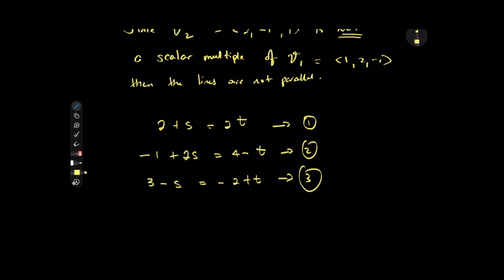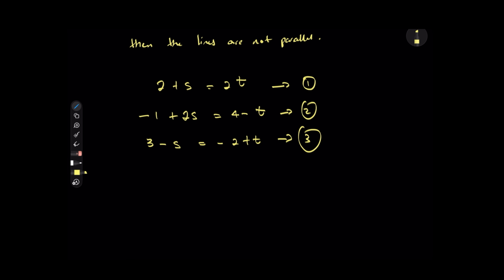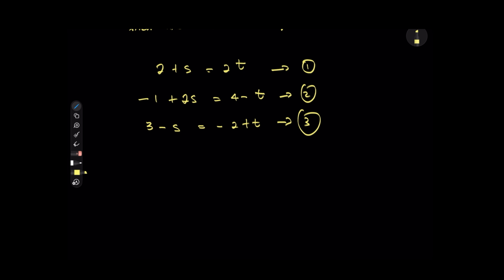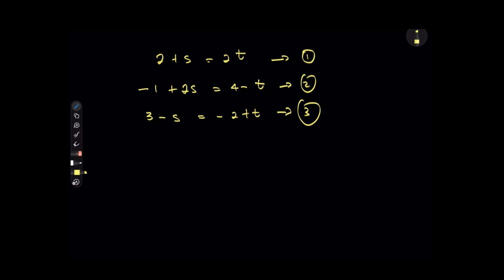Okay, now at this point, the choice is yours, how you decide to go ahead and solve these equations. I'm going to take equation 1. So from 1, I'm going to have 2 plus s is equal to 2t.